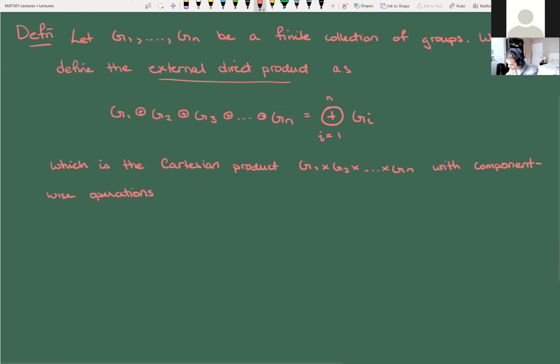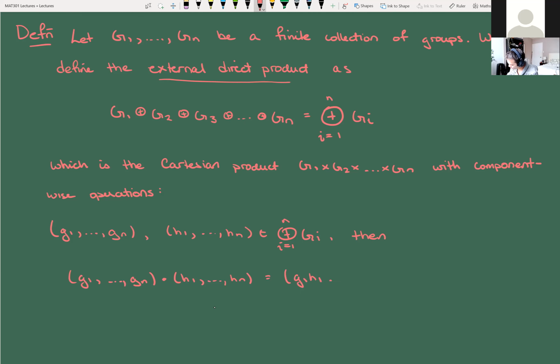So what I mean by that is if you have (g1, ..., gn) and (h1, ..., hn) in the Cartesian product, then you define the product of these two elements (g1, ..., gn) times (h1, ..., hn) to be: you multiply these two together in component 1, and so on through component n, like that.